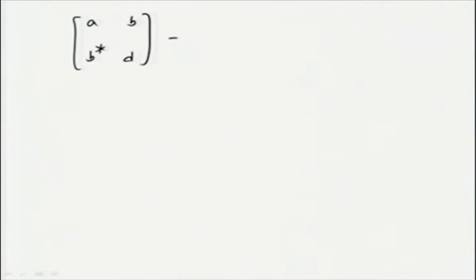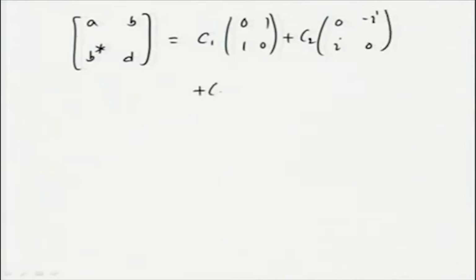So, now let me see if I can write it in terms of 0 1 1 0, plus 0 minus I, I 0, plus 1 0 0 minus 1, plus some C 0 times, for whatever reasons I am denoting it by 0. The last one here is a unit matrix 2 by 2 and you recognize the first 3 as the Pauli matrices.